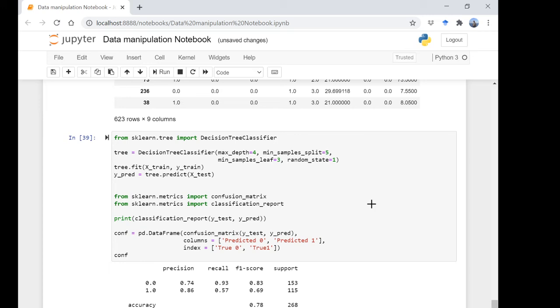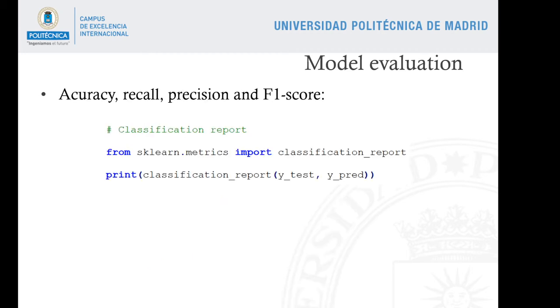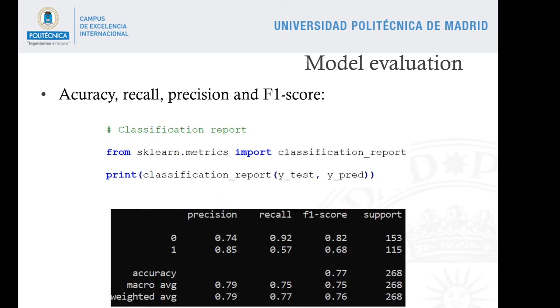These are options to prune our tree, to take into account. So that's it for the trees. I have taught you how to split our data set, how to use the fit and predict methods, how to build the classification report, and how to build the confusion matrix. But now we can also use other models.